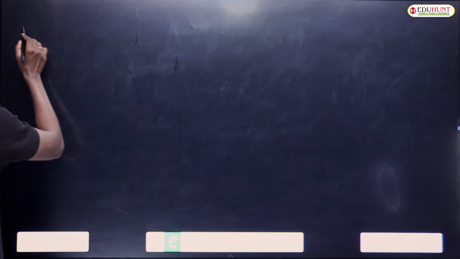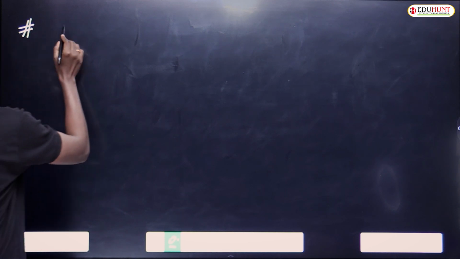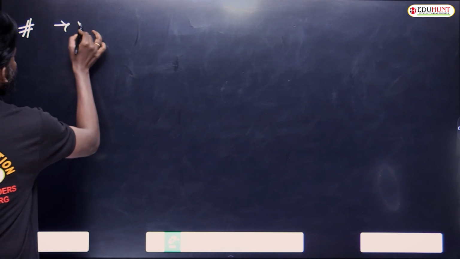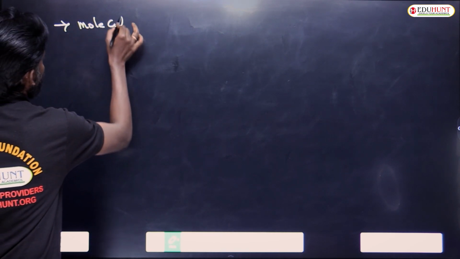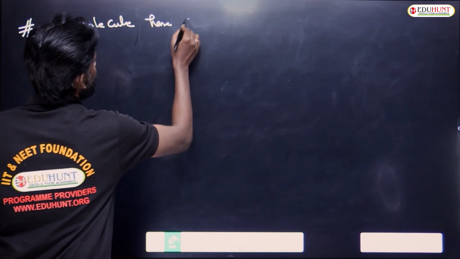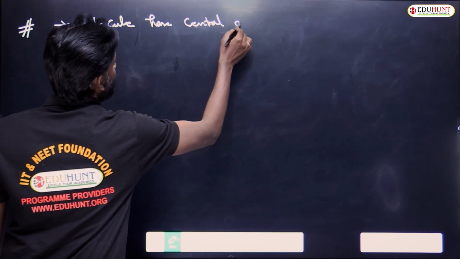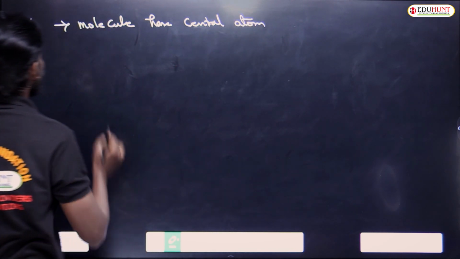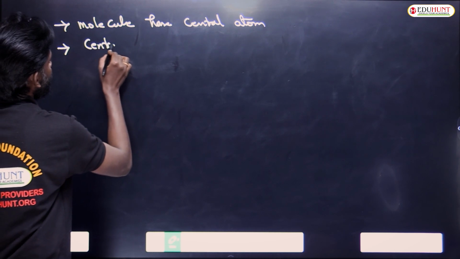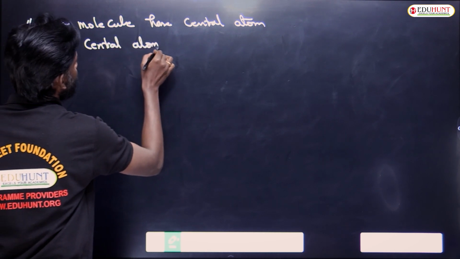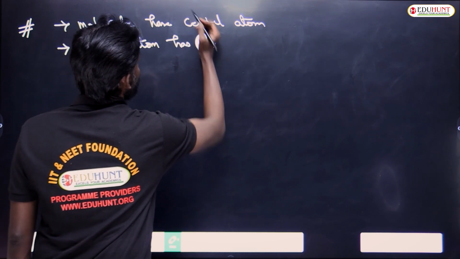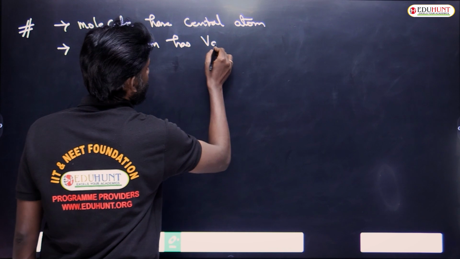First of all, according to Sidgwick and Powell, generally every molecule has a central atom, right? I am taking molecule, you can take ion also. And that central atom has a valence shell, that means the outermost shell.